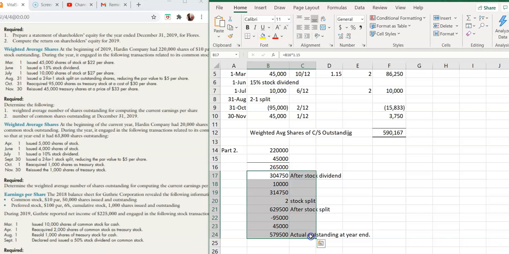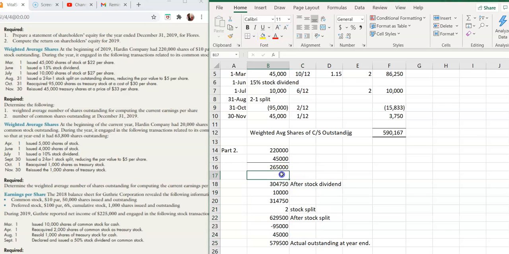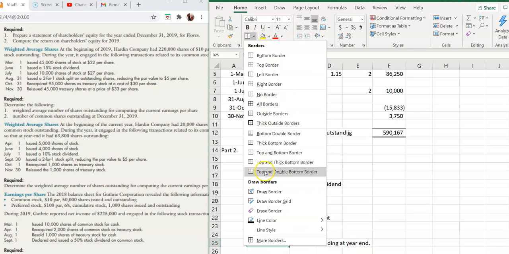Let me put this in here. Let me smooth this down. Stock dividend, so we have after the stock dividend. There, I think I got those lines correct.